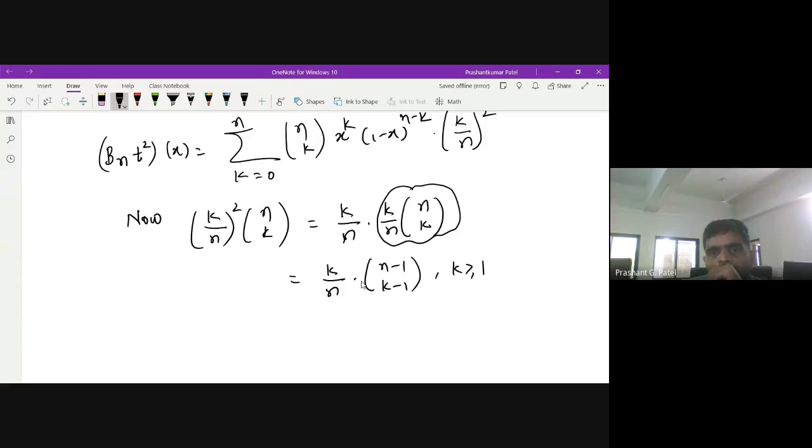Again, what will be this quantity? For that, we'll adjust something here. Here we have k by n, which I can write as k minus 1 plus 1 upon n, into n minus 1 C k minus 1.